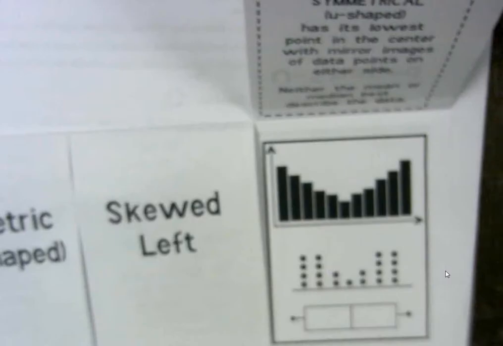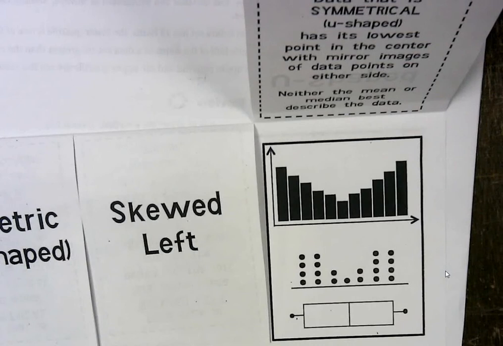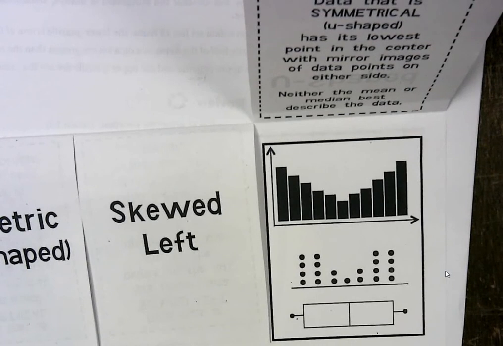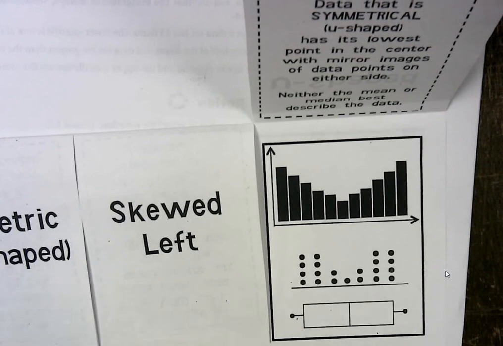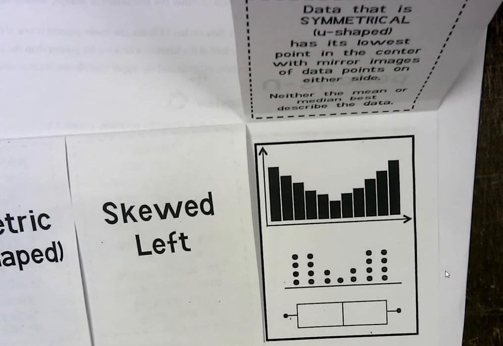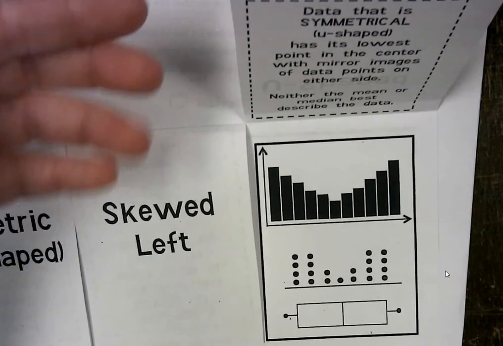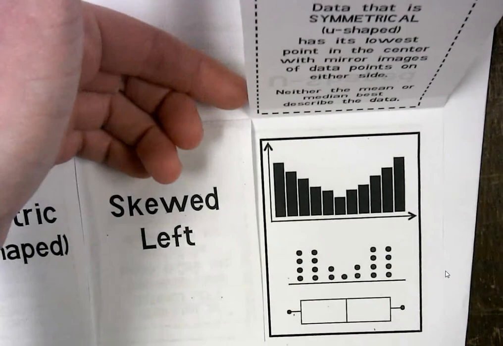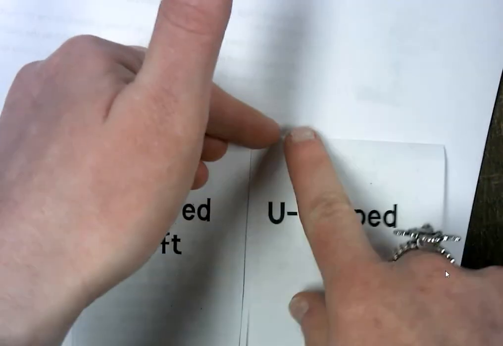So if I asked you, what does this graph show, what does it look like, you can say, well, it's symmetrical, it's low in the center, and then both of the edges go up at the same rate. So instead of just saying I have some small bars and some medium bars and then they go up, we would use our mathematical vocabulary and say that that's a U-shaped curve.